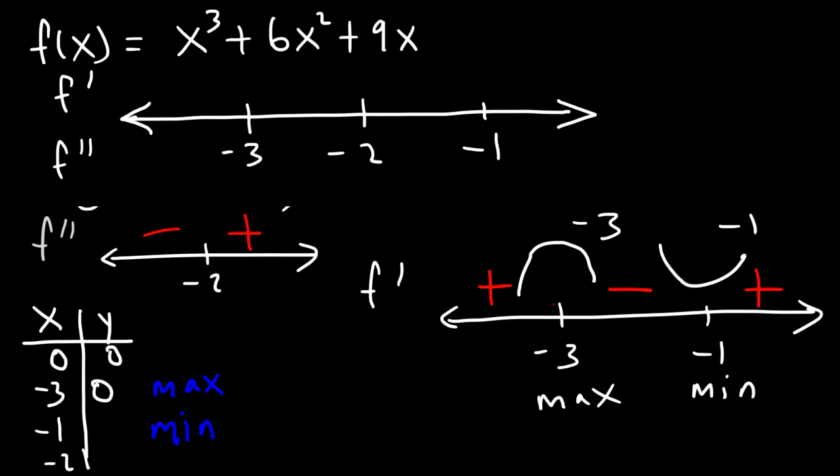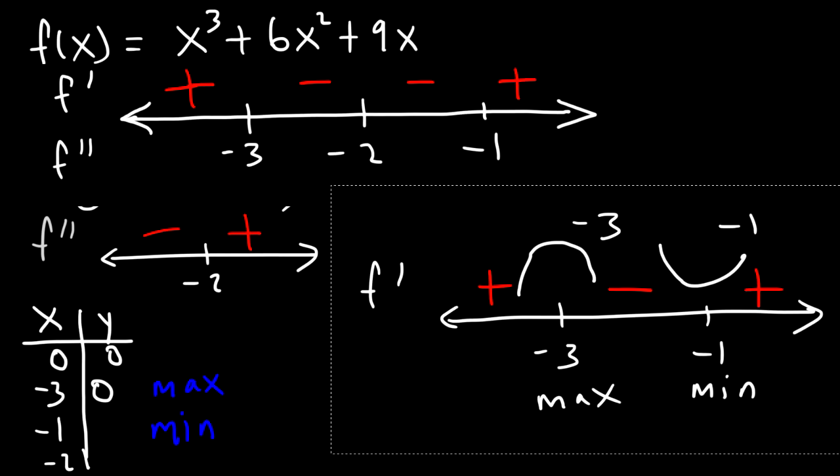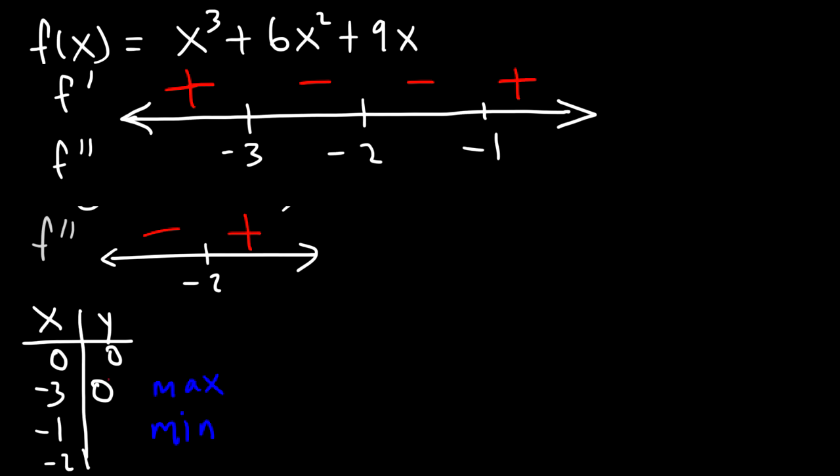So the first derivative is positive to the left of -3. And between -3 and -1, it's negative. And to the right of -1, it's going to be positive. So we can get rid of this at this point. And keep in mind that we have a max at -3 and a minimum at -1.